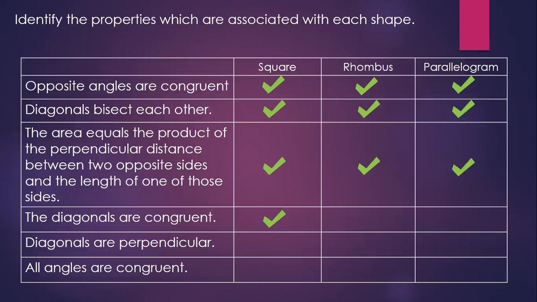Diagonals are perpendicular. Is always true with a square or a rhombus, not necessarily true with a parallelogram. And all angles are congruent. That is always true with a square, not necessarily true with a rhombus and a parallelogram.